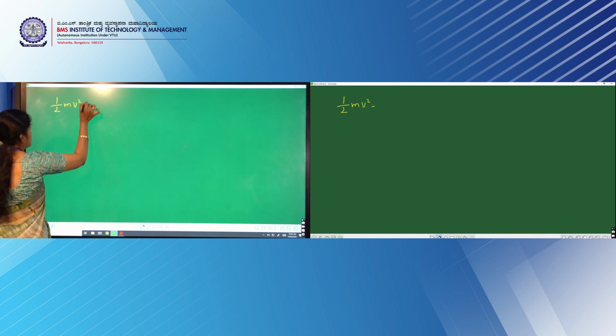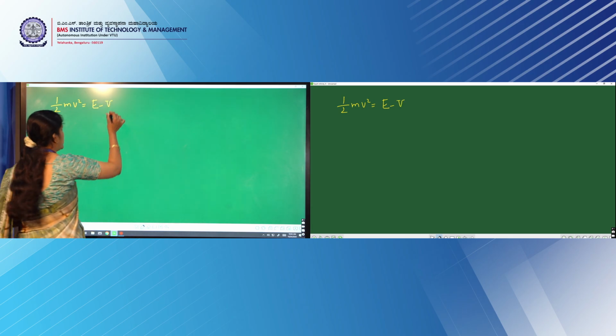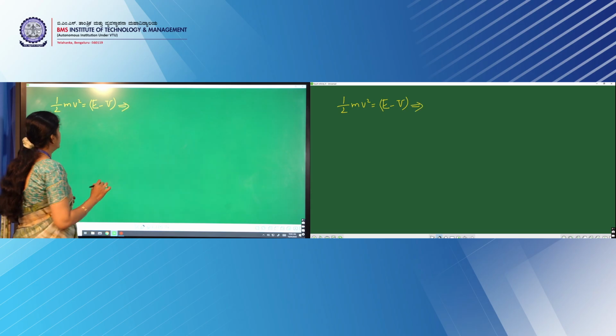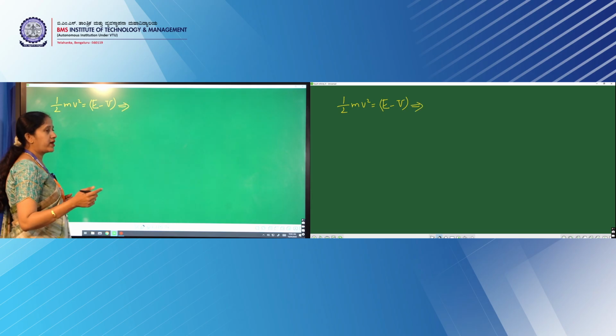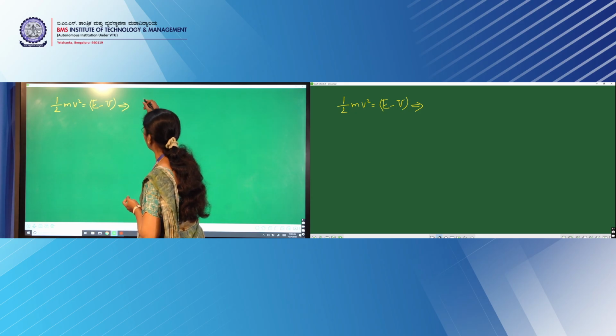We can write now half mv square as equal to total energy of the particle minus the potential energy of the particle. Now at this point, let us multiply and divide by a factor called m in order to figure out the value of m square v square.